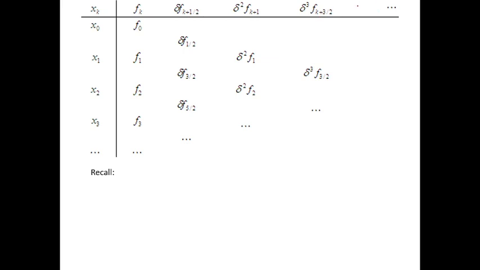So, what's the next? There is more. What is next? Delta to the fourth, f sub, how do I find out? Let's recall. That is delta to the power of n, f sub k plus n over 2. What is n? 4. 4 over 2, so k plus 2.